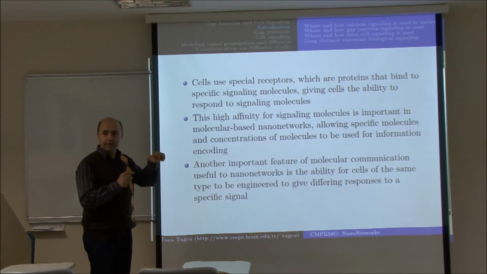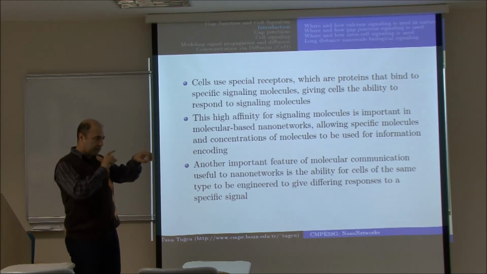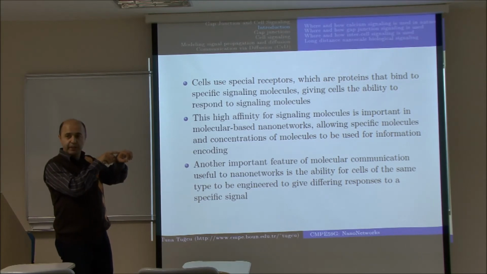On the cell membrane, there's a specific receptor which is sensitive to messages coming from outside. When a messenger molecule is received by that receptor, the protein here will be activated, and that will trigger a process inside the cell, which will affect the calcium concentration.